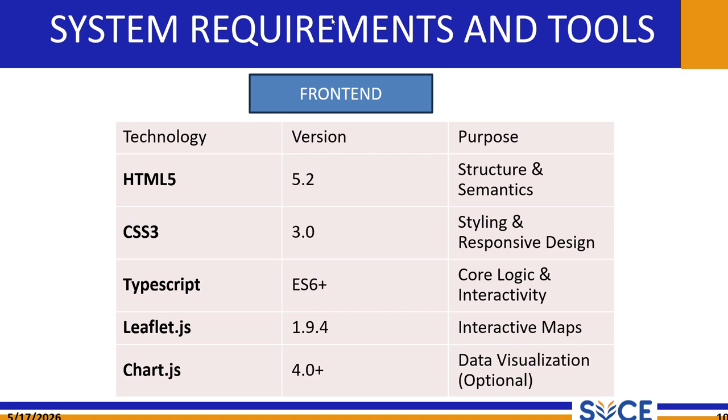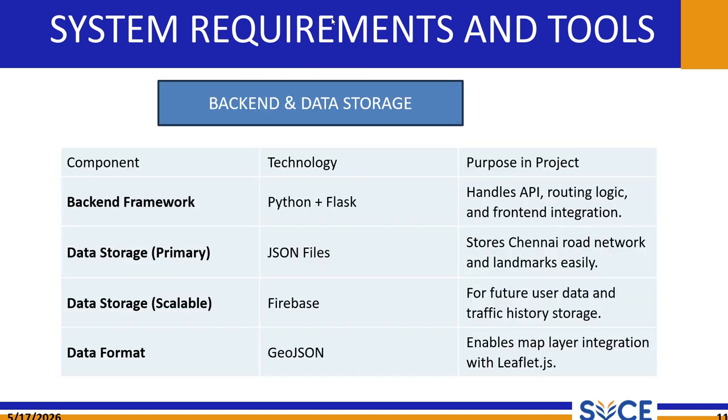So these are the system requirements and tools. We use HTML, CSS, and TypeScript for structure and semantics, styles and responsive design, and core logic and interactivity. Leaflet.js for interactive maps, and Chart.js for data visualization. In the backend, we use Python and Flask for handling API, routing logic, and front-end integration.